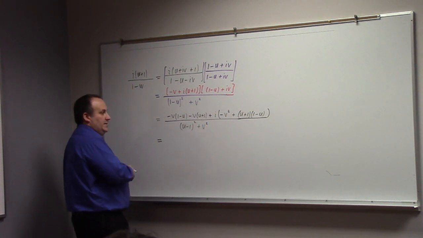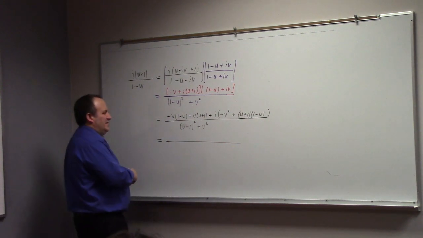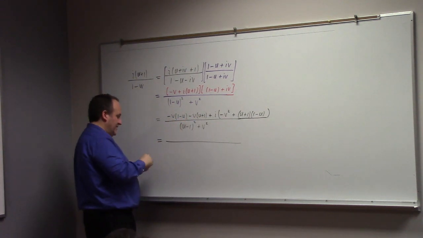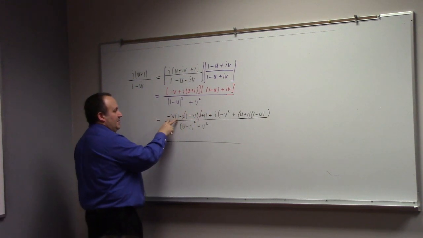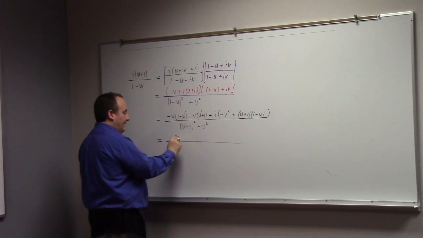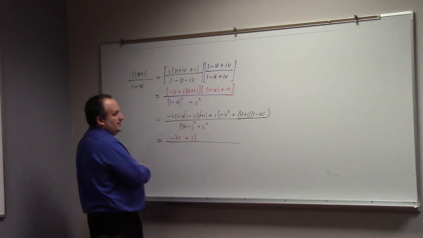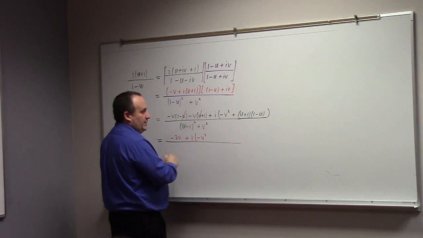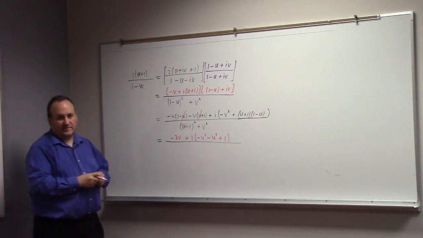And then how does this simplify? It's got to have some simplification, I think. You notice you got a plus uv here, you got a minus uv here, so those are canceling. And then you got a minus v, minus v, so I got a minus 2v from all that, and then plus I times what? Minus v squared minus u squared plus 1. Cross terms, they're canceling, right?